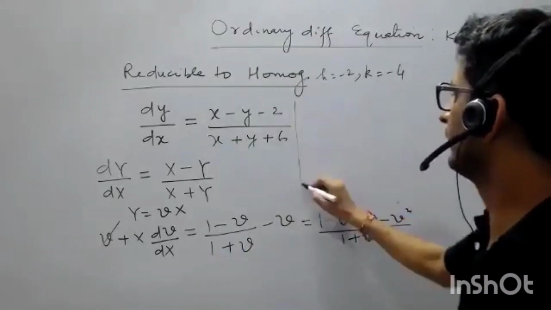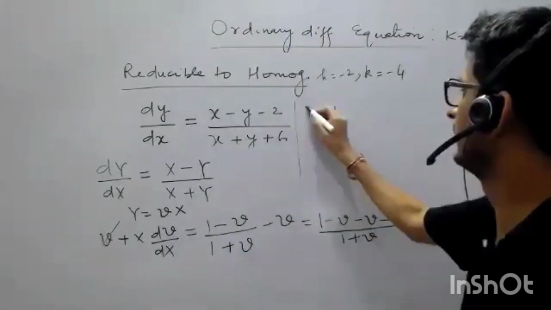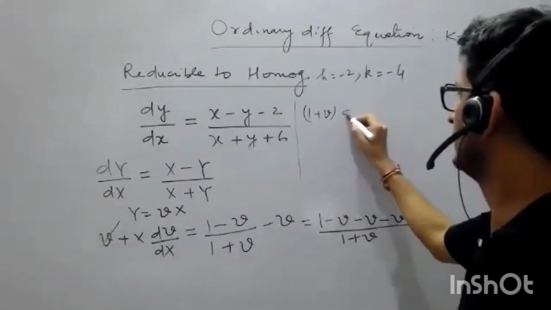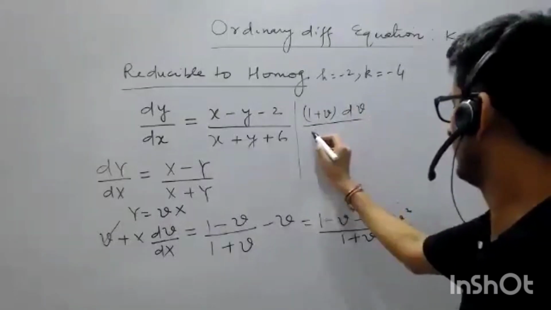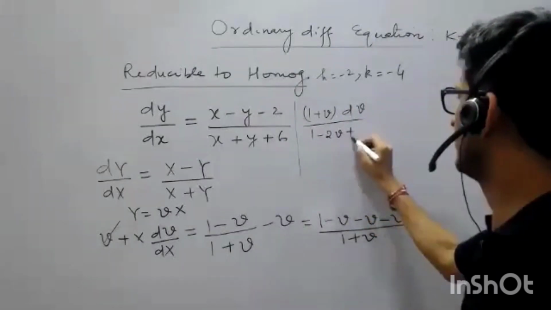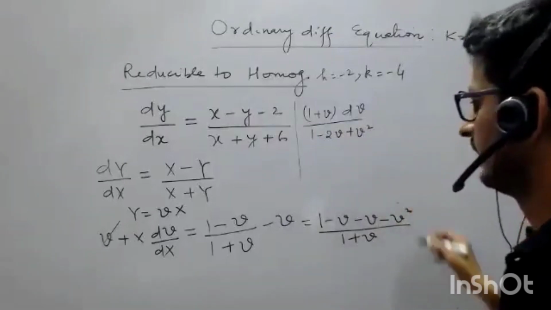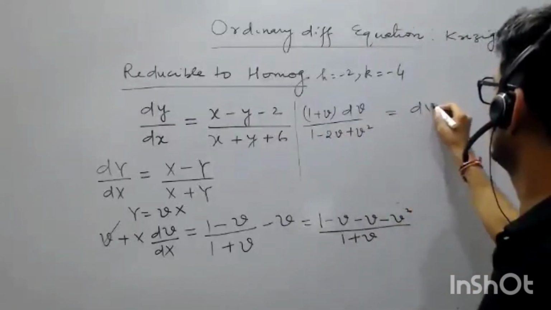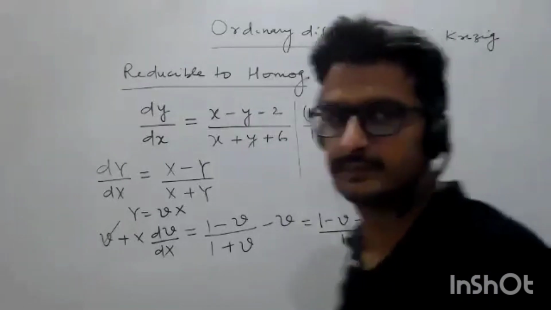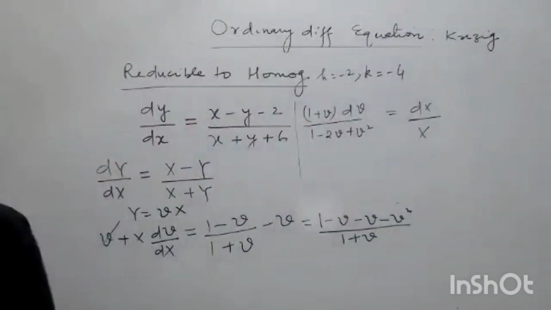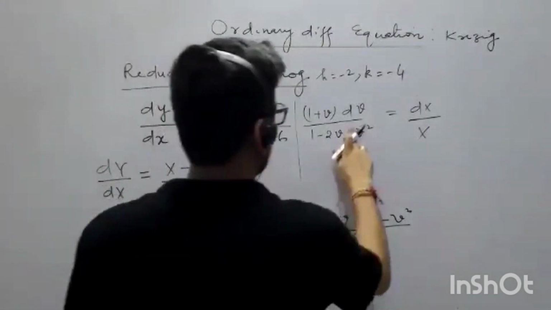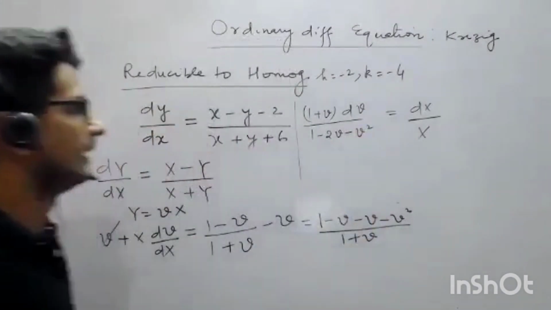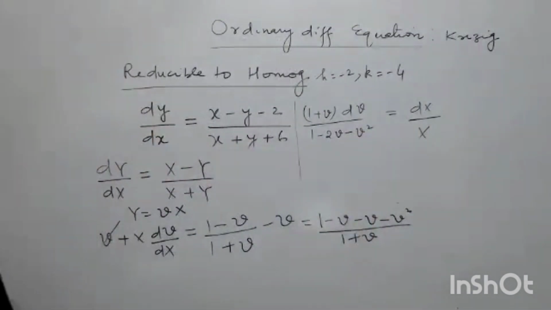This is in the form of 1 plus V and dV by 1 minus 2V minus V square is equal to dX over X. Clear?